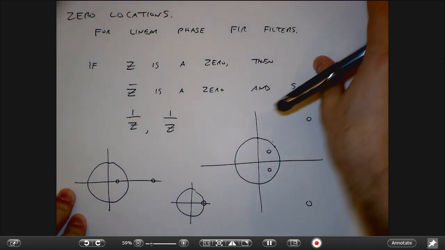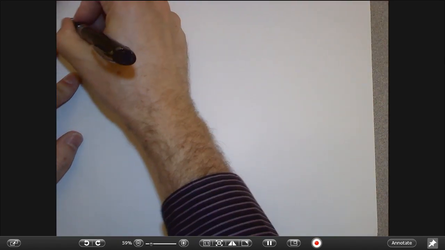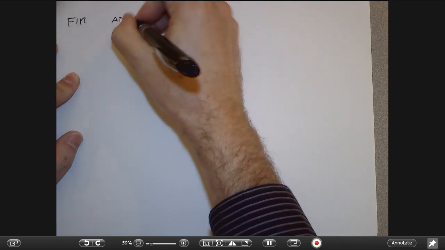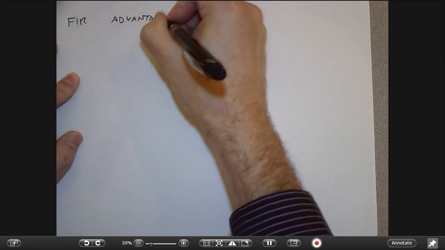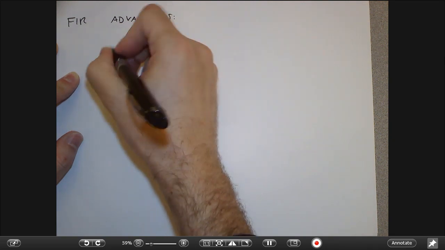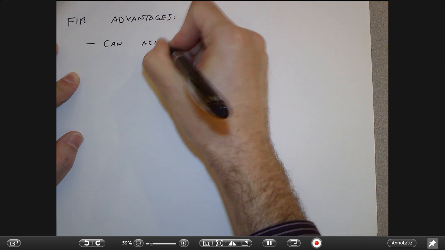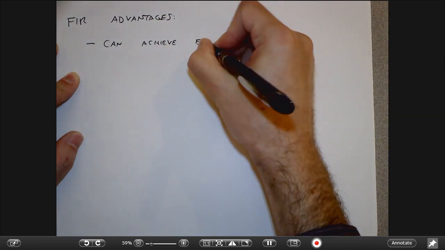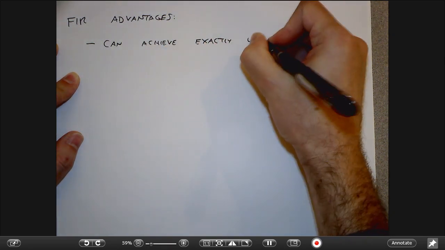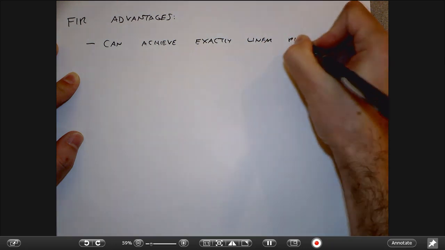And so let me wrap up as a conclusion for FIR filter design. There are kind of advantages and disadvantages. So FIR advantages are, I can achieve exactly linear phase, right?